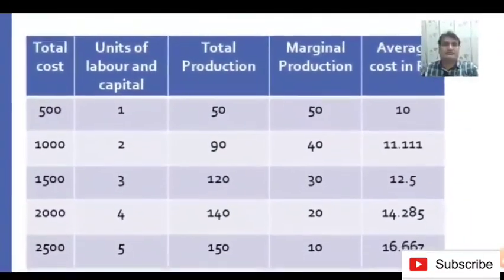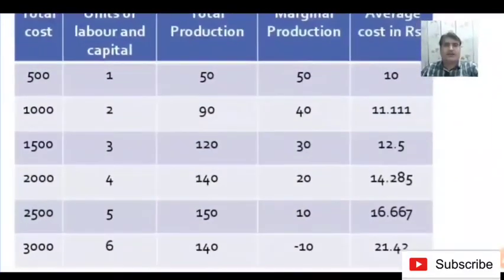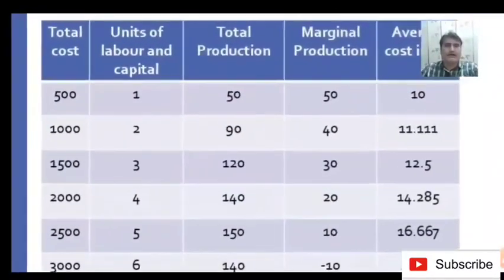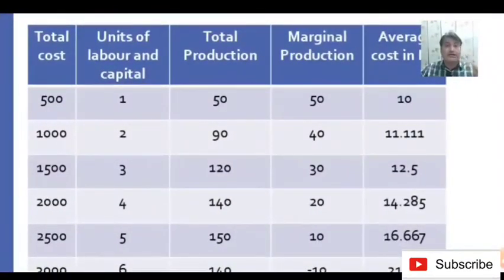It is assumed that the cost of one dose of labor and capital is 500 rupees and the area of the land, that is 10 hectares, remains fixed. By employing the first unit of labor and capital the total production is 50, and by applying the second unit the total production increases to 90.